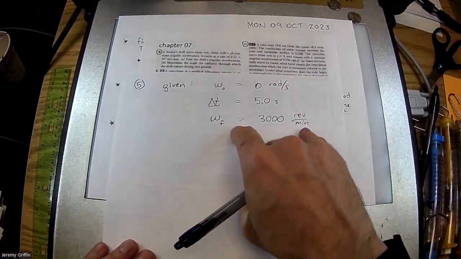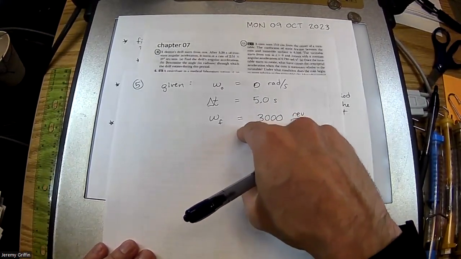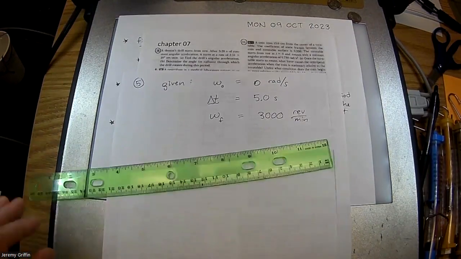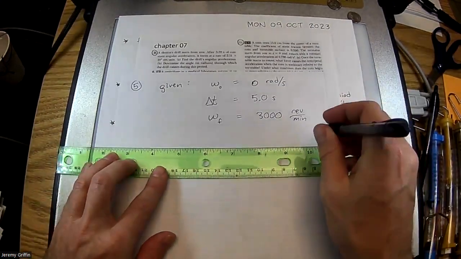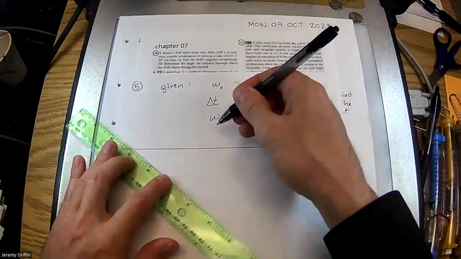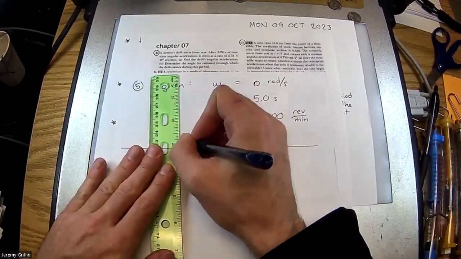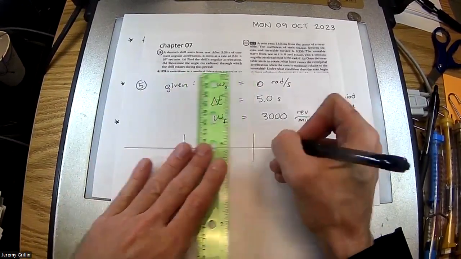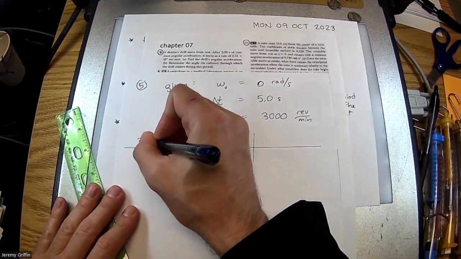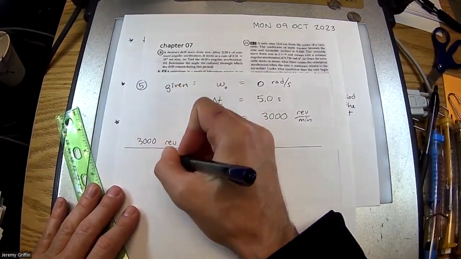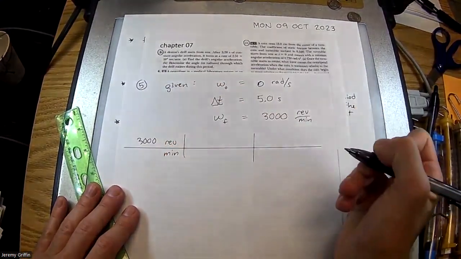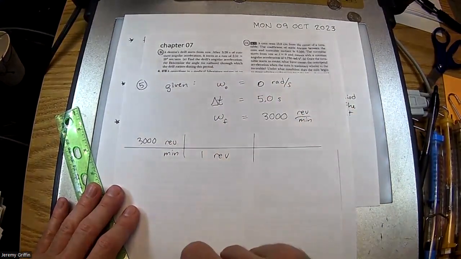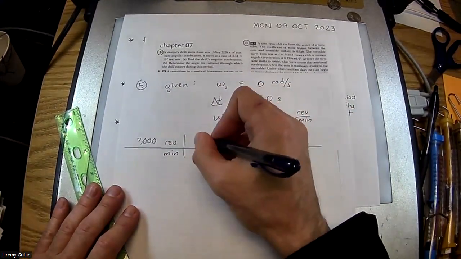One of the first things I want to do is convert that to radians per second. You guys want to do that? See if you can stay a step ahead of me. See if you can beat me to how many radians per second that is equivalent to. Omega final. So 3,000 revolutions per minute. I know every 1 revolution is how many radians? 2 pi.